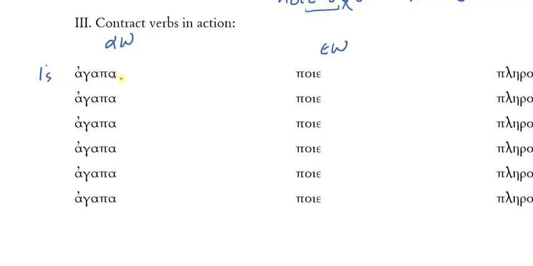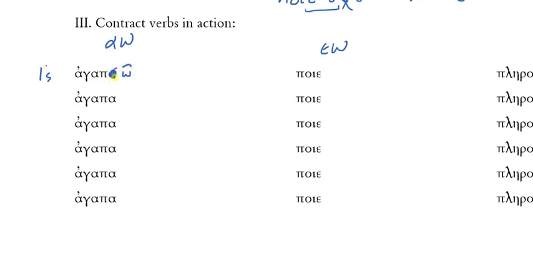When we add to agapao, remember we're going to have the omicron. We should have the connecting vowel. What will it do for the first person singular? It ends up not being used, right? The omicron lengthens to omega, and the alpha omega contract and they become omega, right? Okay, so agapo ends up being the first person singular form.